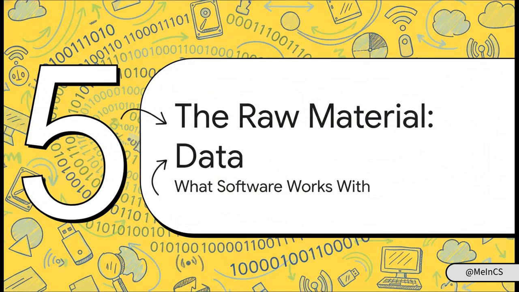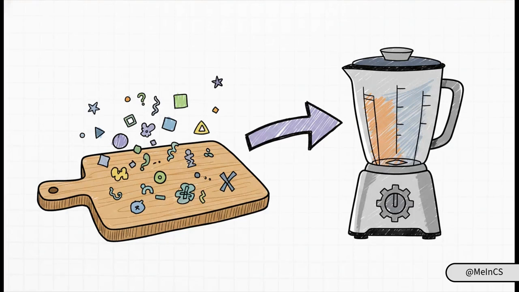Okay, we have our hardware body, our software soul, and a translator so they can communicate. But every program needs something to work on, right? It needs raw material to process. So what is that raw material? Yep, that raw material is data. Just like a chef needs ingredients for a recipe, software needs data to process, to organize, and to transform.